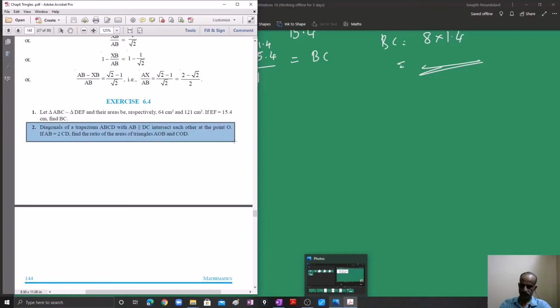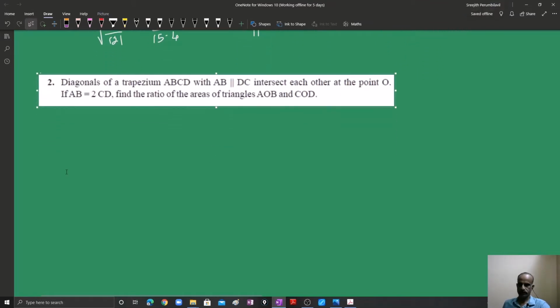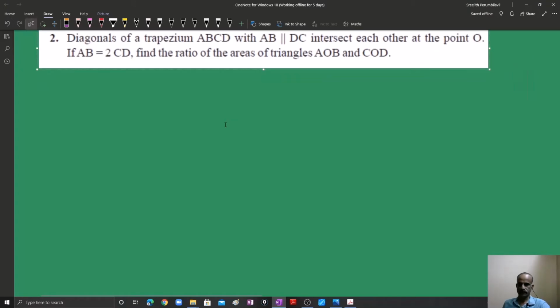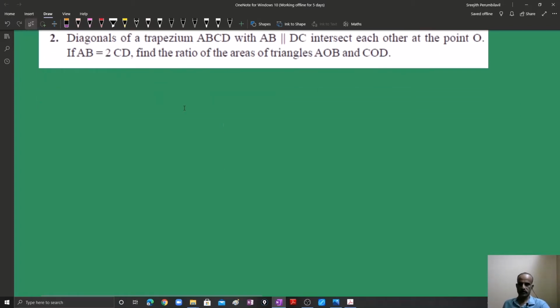Question number 2. What does question number 2 say? The diagonals of a trapezium ABCD, that is exercise 6.4, question number 2. ABCD is a trapezium with AB equal to 2 times CD.